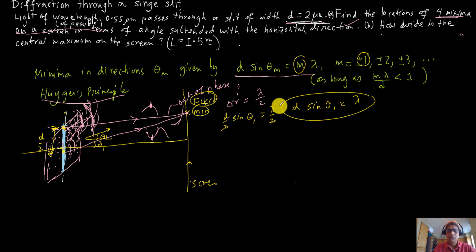How about m equals 2? So this is the second minimum. I'm looking for m equals 2, okay? So what we would do is divide this into 4 pieces. So this point and this point come together, they kill each other.